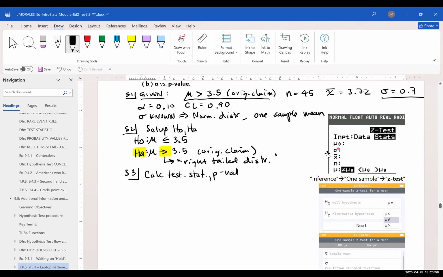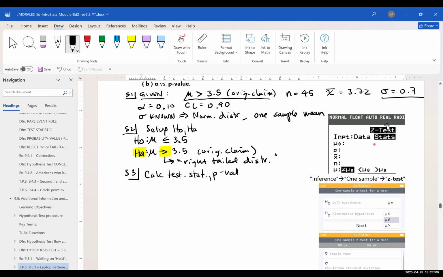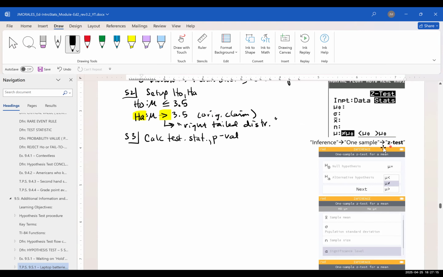But we'll get the p-value after the z-test, so we'll get both. All right, let's calculate these. We're going to be using the z-test function on the Texas Instruments calculator, as well as the NumWorks calculator.